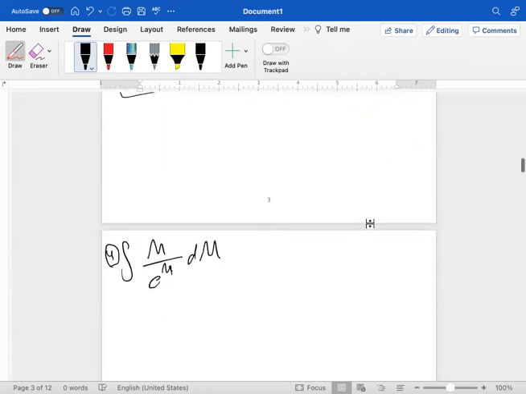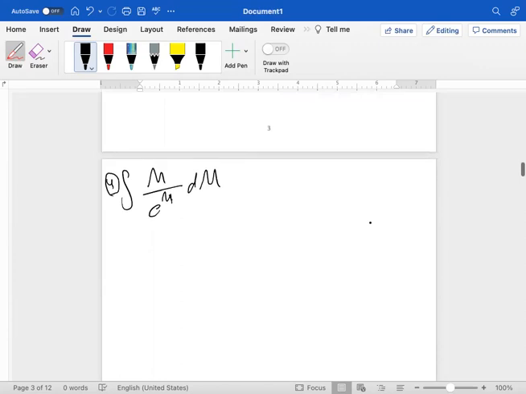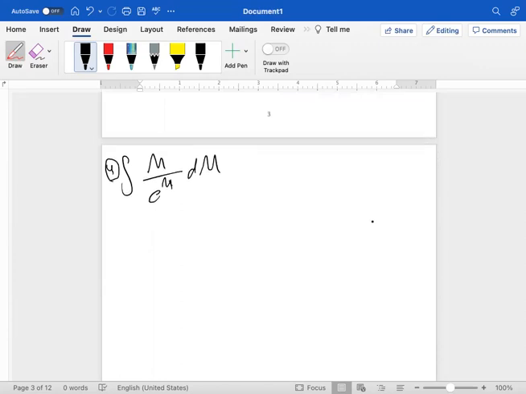Okay, let's move. This is our last problem for today's lecture. Here I'm using m. So for the solution to this problem, I can write this in this form, negative m dm.